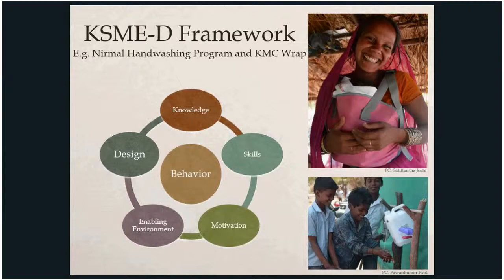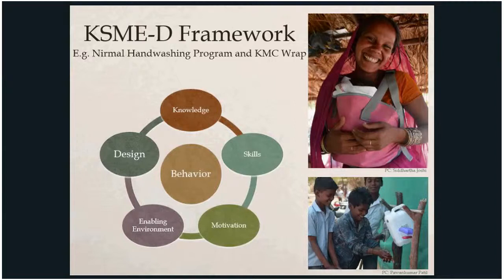But in a few other cases where we are using some device or some tool to facilitate that behavior change, we need to add that D factor, that is design. So the revised model will become knowledge, skill, motivation, enabling environment and design framework. So let me explain with these two examples.